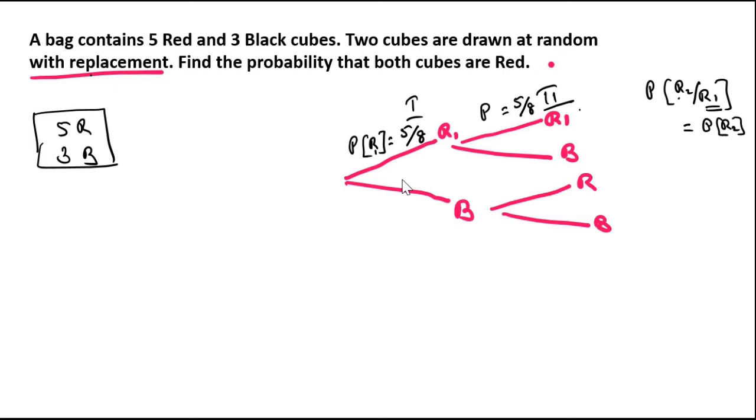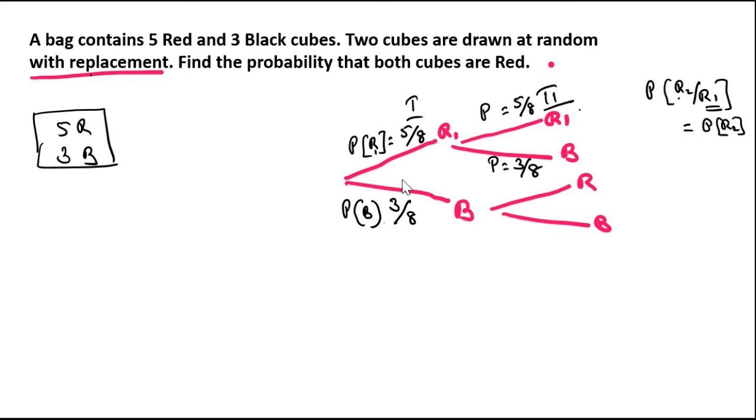So here it is coming 3 by 8, probability of black. Again here, the first case R1 happened, then what is the probability of black? One red ball was taken, but you are keeping back that red ball. So you have exactly the same 3 black again. So here the probability becomes 3 by 8 again.